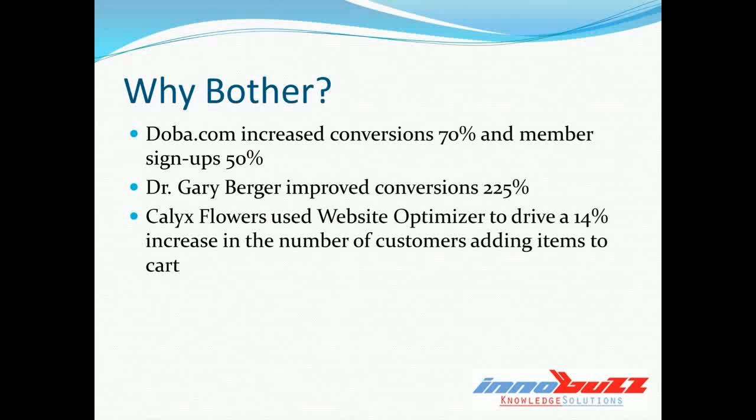Adobe.com increased conversions by 70% and member signups by 50%, which is massive. Dr. Gary Berger improved conversions by 225%. Calyx Flowers used Website Optimizer to drive a 14% increase in the number of customers adding items to their cart. These numbers are pretty fantastic, and it does boil down to leaving money on the table, or wasting money in the case of PPC spend.